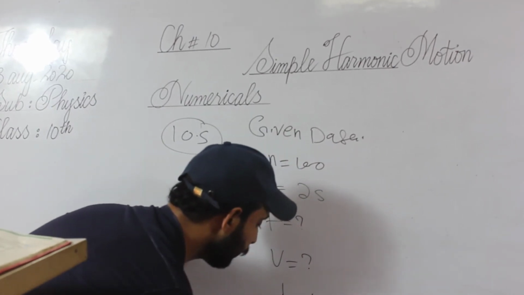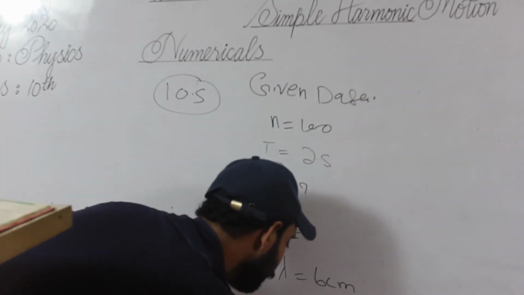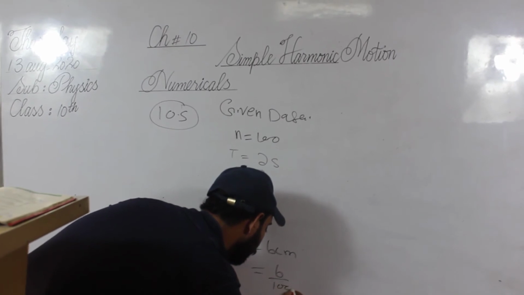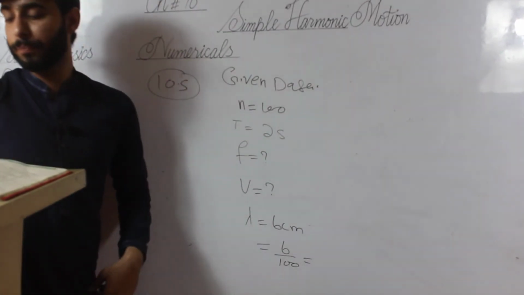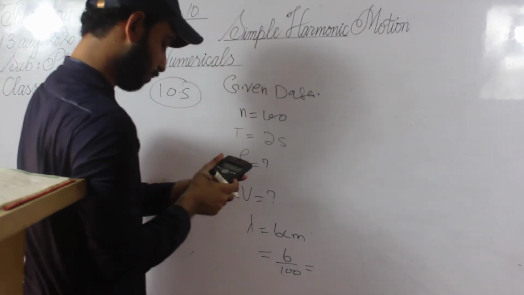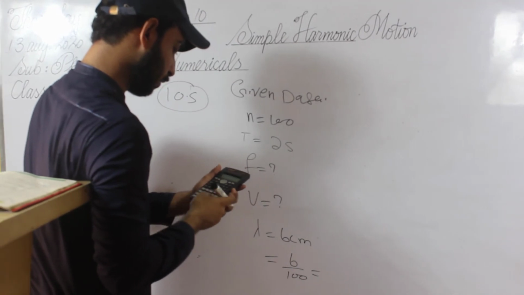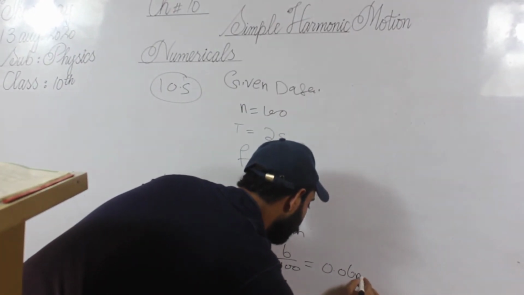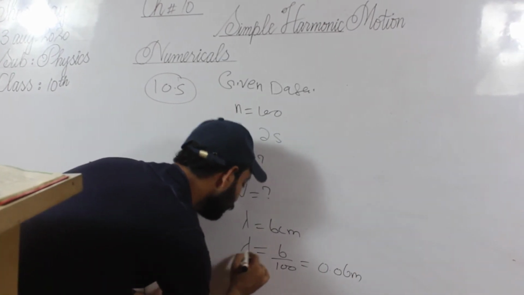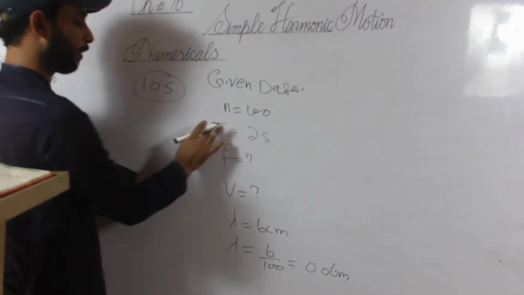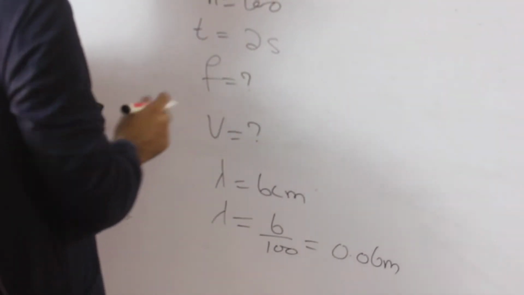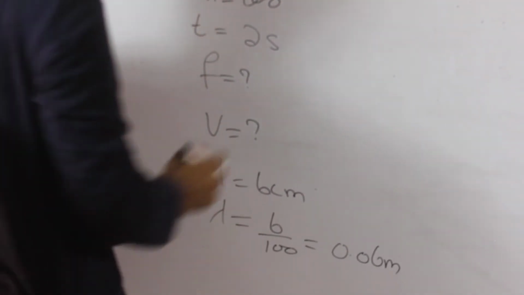So student, the wavelength unit is meter, so convert centimeter into meter. 6 divided by 100, we will get 0.06 meter, because the wavelength SI unit is the meter. Time is given. So first of all, we have to find the frequency.